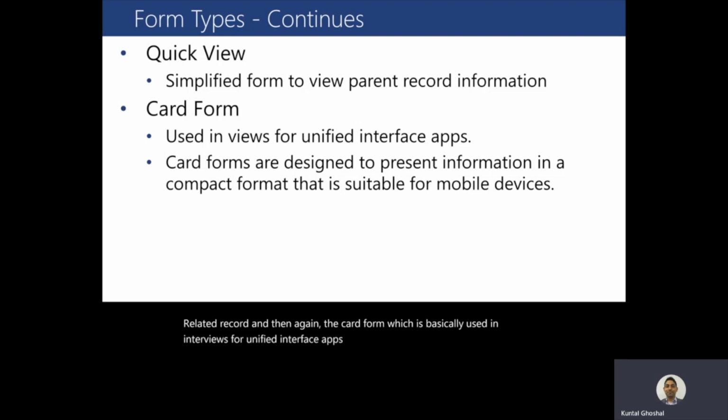And card forms are basically designed to present information in a very compact format on mobile devices. Now, when you are defining different form types, you can also choose which form type is to be marked as the default form type when the entity form loads. You can also mark them against a particular role.